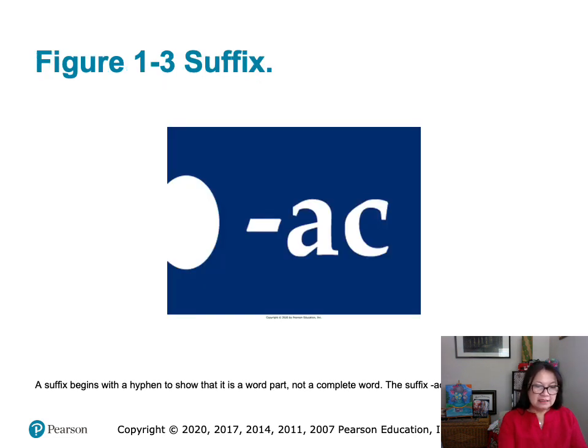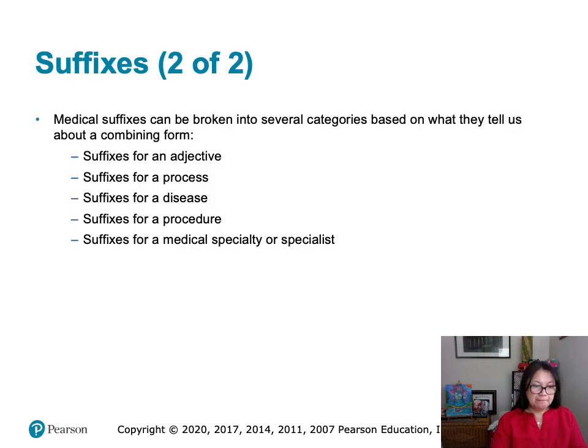In this case, the suffix -ac, which means pertaining to. Notice that the suffix begins with a hyphen to show that it is a word part, not a complete word. As with combining forms, medical suffixes can be broken into several categories. Here, however, the categories are based on what the suffix tells us about a combining form.